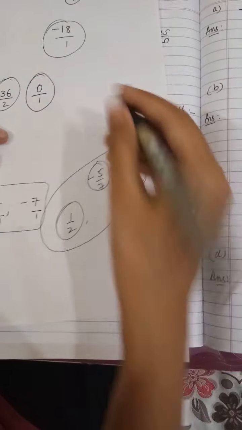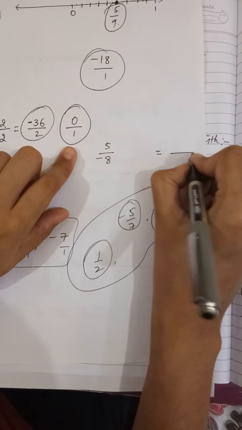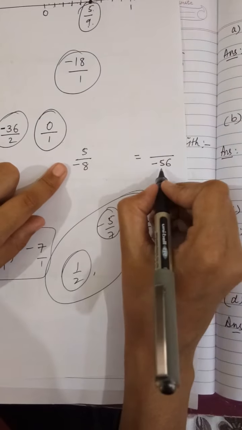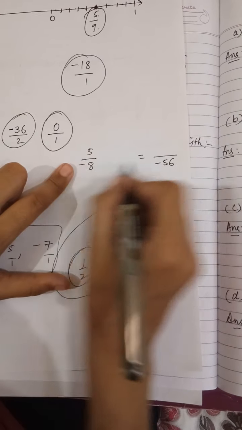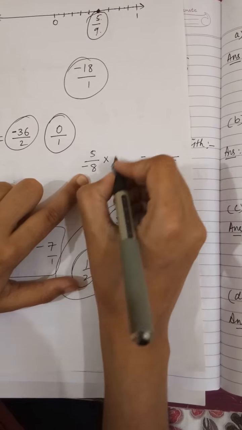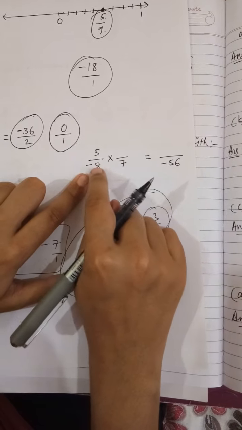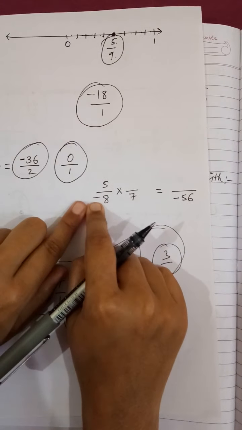Let me explain on this page. I have been given 5 upon minus 8. Okay, and they are asking that in the denominator I want minus 56. So if I want to get minus 56 here in the denominator, what I have to do is multiply this 8 by a number, and that number will be 7. Why 7? Because 8 sevens are 56. Now this is the sign of minus.